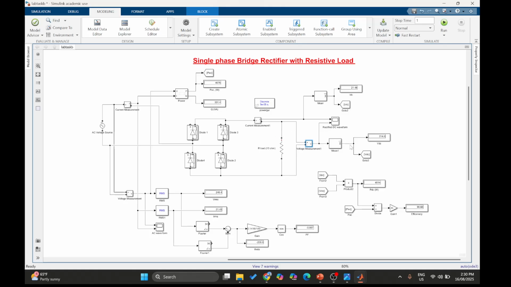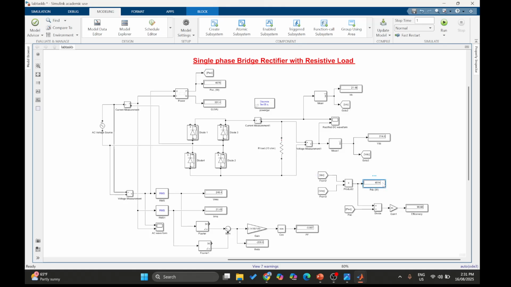And I am using a go-to block from IDC and VDC to find the DC output power, by multiplying them.